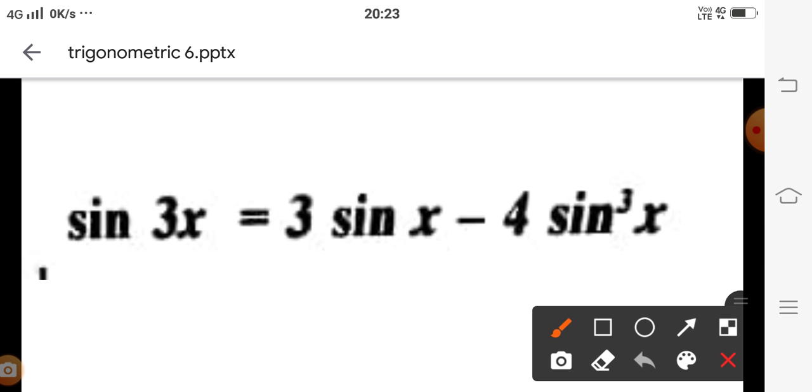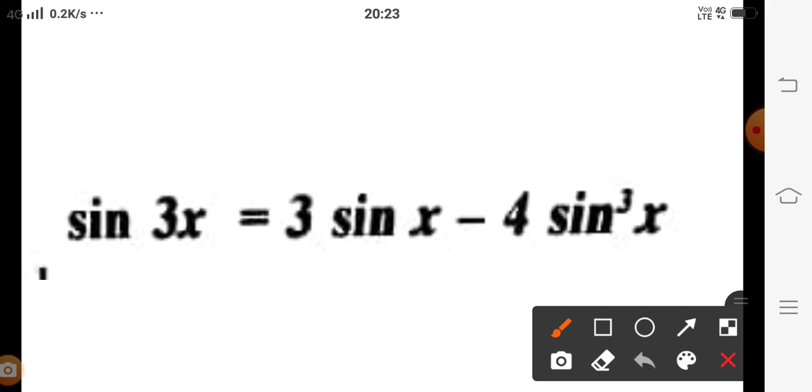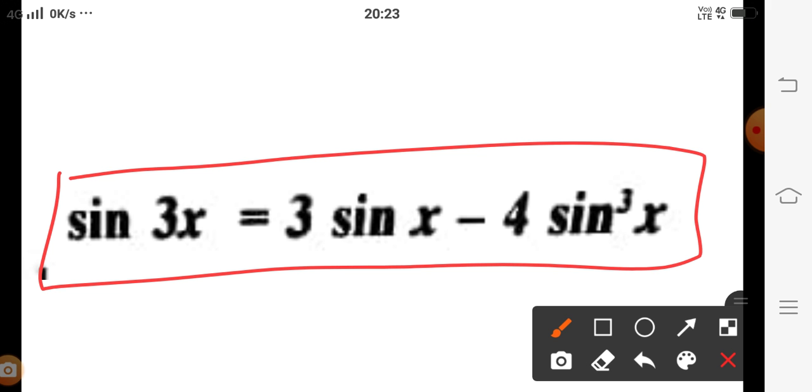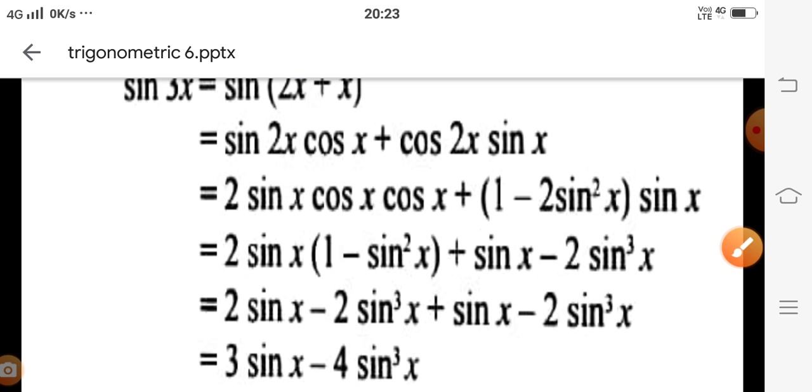Then the same way we are getting it for 3x. If we need the value of sin 3x, then sin 3 theta is equal to 3 sin theta minus 4 sin cube theta. So sin 3x is equal to 3 sin x minus 4 sin cube x. Then how will you get the proof of this?